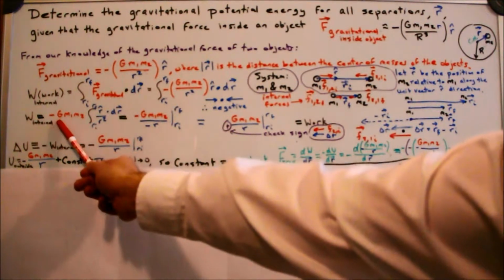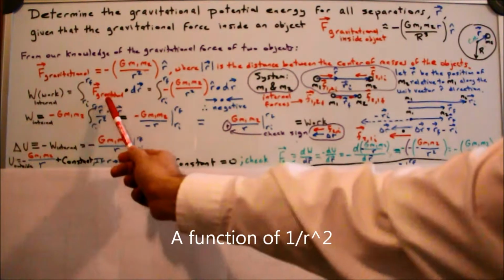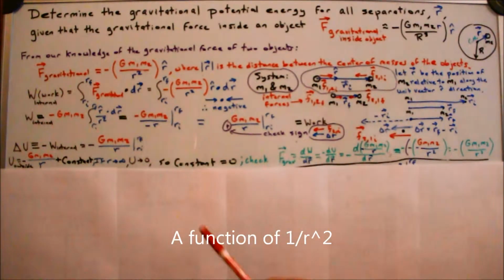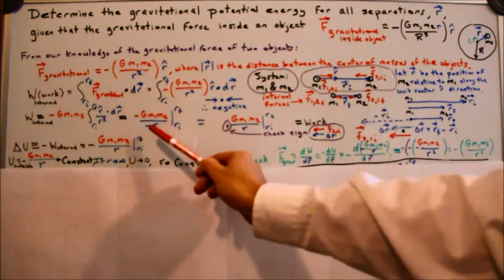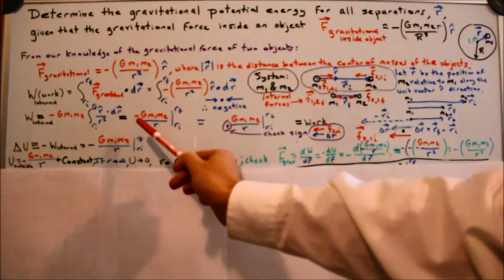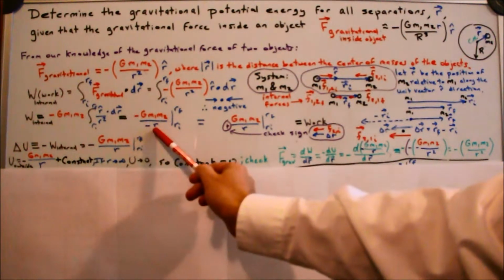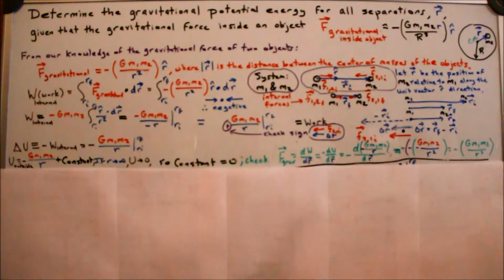Now solving some more. Assuming the masses are constant, my only variable is a function of r, which is my r squared. I can take that integral from the initial to the final, and this is what I get. Solving the integral, I get a minus and a minus, which ends up being a plus, which agrees with what we thought before.